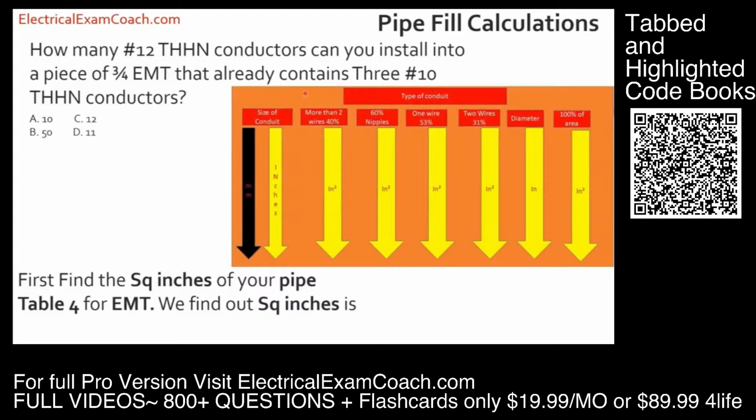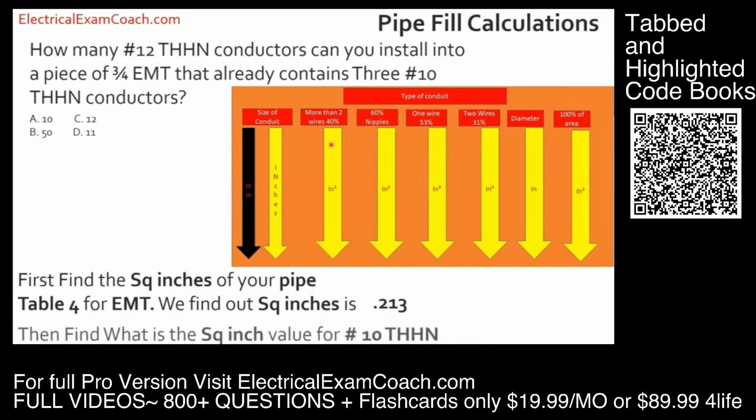Then we're going to start on the left-hand side and find our trade size, and we go down to 3/4. Then we're going to cross over to the more than 2 because our question deals with more than 2 conductors. So we're going to pull from the 40% column. And that's going to let us know that our starting available area is 0.213 square inches.